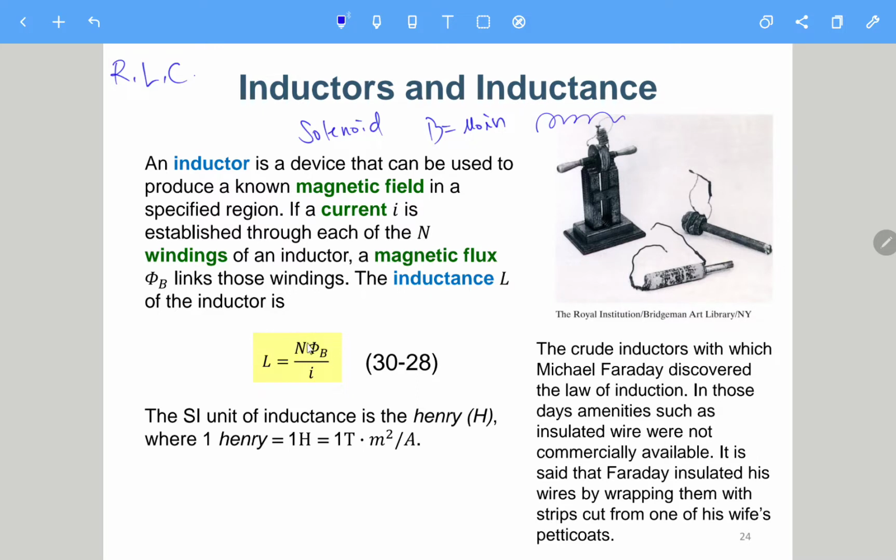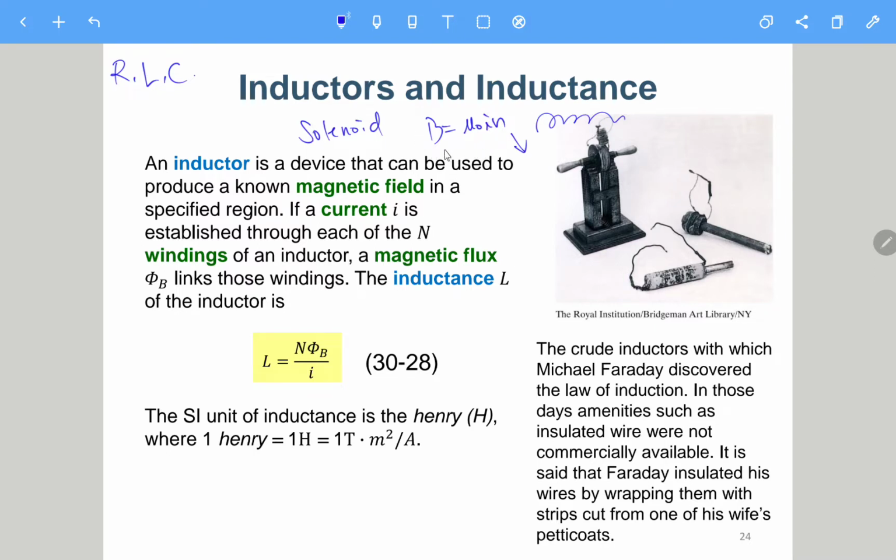So this is the total magnetic flux going through the inductor, normalized by the current, so the value doesn't relate to the current.